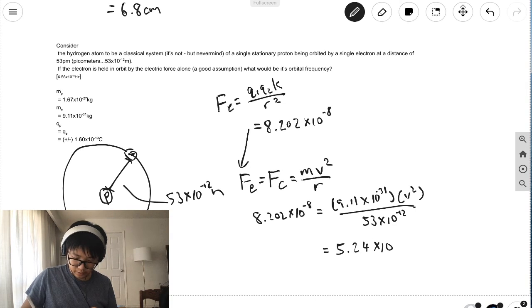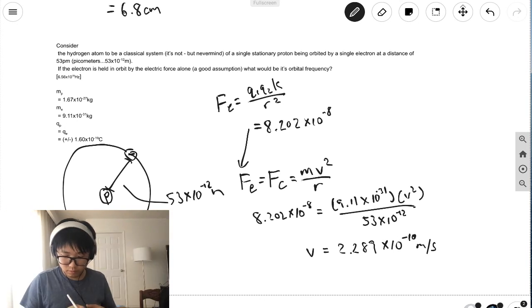You want to verify the velocity with me, because I feel like I did some calculator mistake. Okay, I'm going to calculate that one more time.